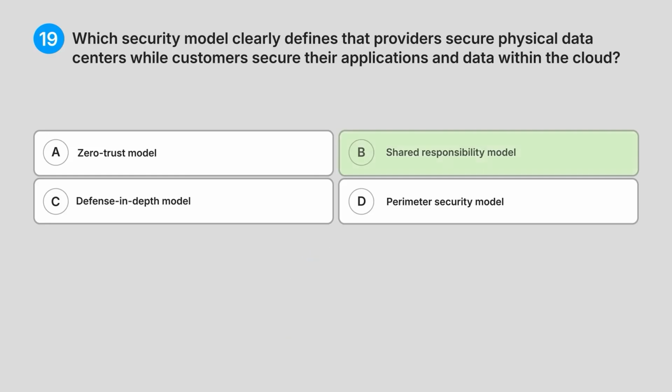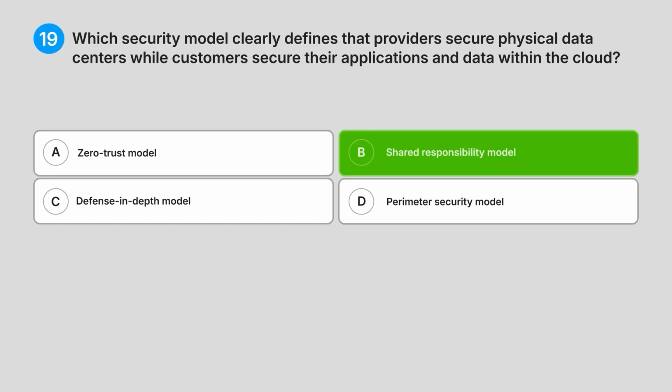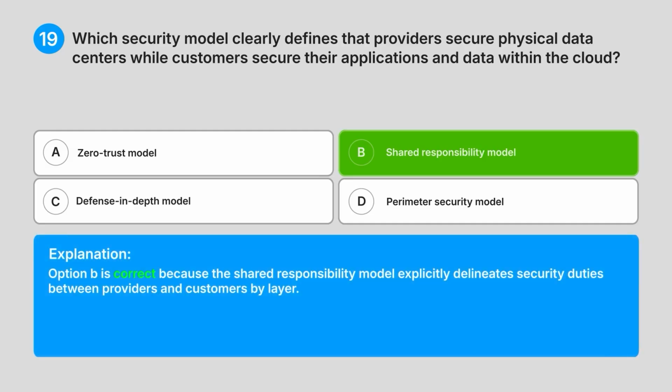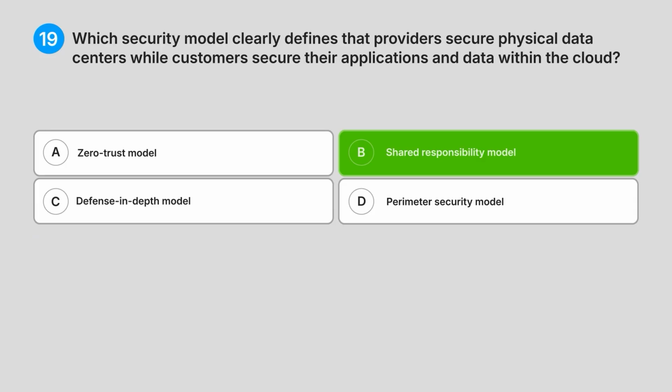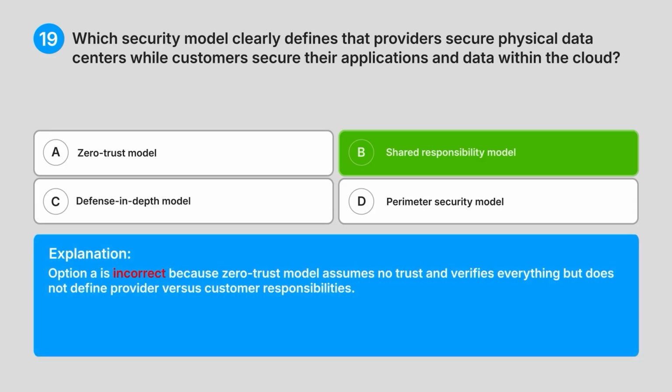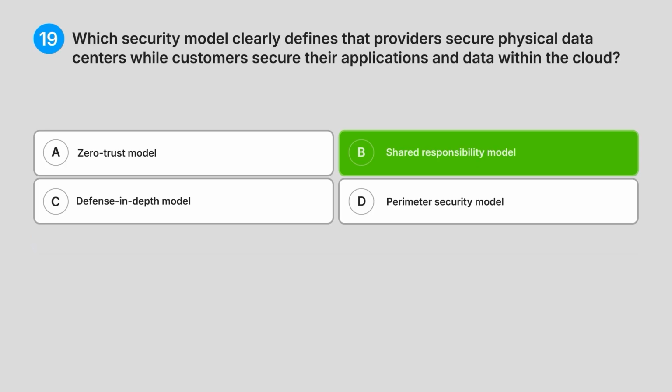Correct answer, B. Shared responsibility model. Explanation: Option B is correct because the shared responsibility model explicitly delineates security duties between providers and customers by layer. Option A is incorrect because zero trust model assumes no trust and verifies everything, but does not define provider versus customer responsibilities.